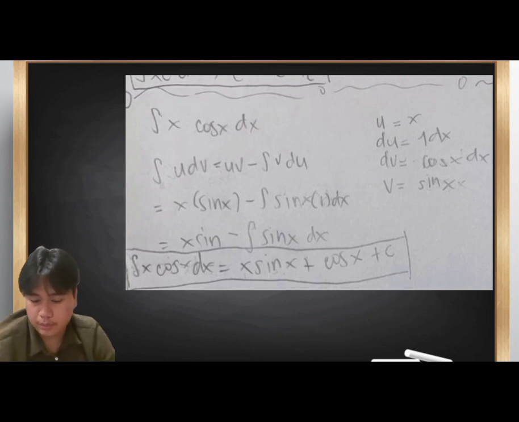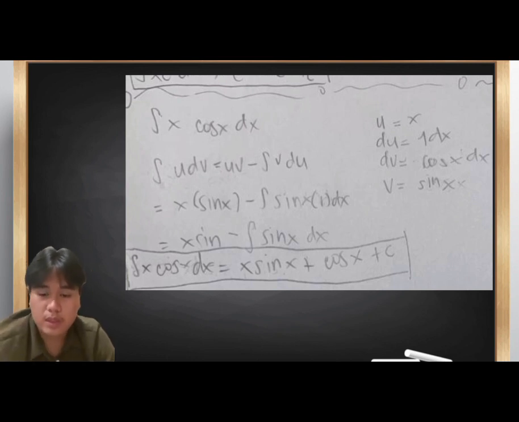Now we substitute: u is equal to x, and v is equal to sine x, minus the integral of v, which is sine x, times du, which is 1 dx. Now we integrate. x sine x minus the integral of sine x dx, which is cosine x.